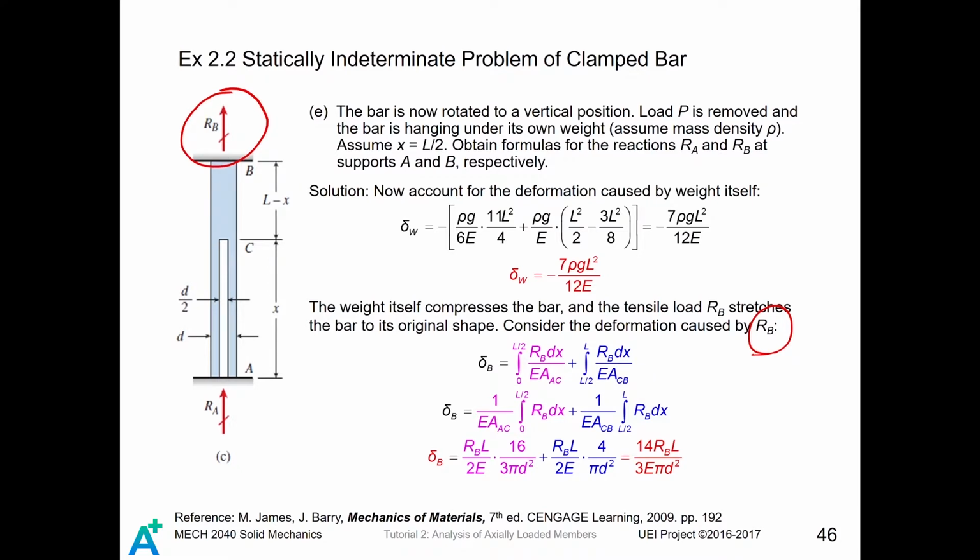Then we take out the constants. We leave RB inside the integral, but you know RB is just a constant, and the constant dx will become the subtraction between the upper and lower limits. Then the result will become 14 RB L divided by 3E pi d squared. This is the deformation caused by RB.